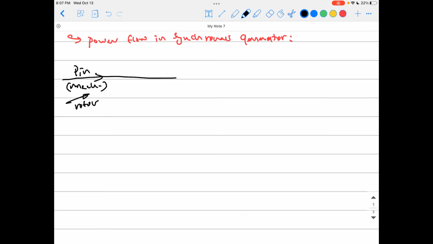Now we start losing. Because we're talking about a rotor, we lose P friction and windage, what we call the mechanical losses.